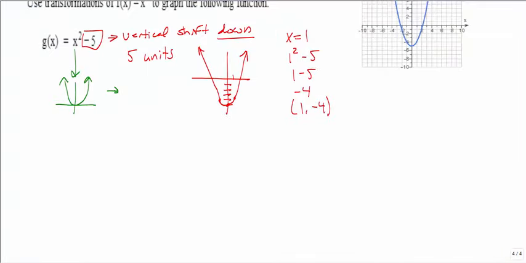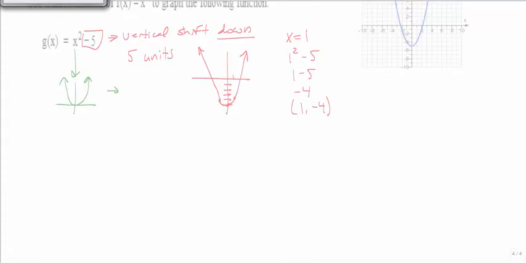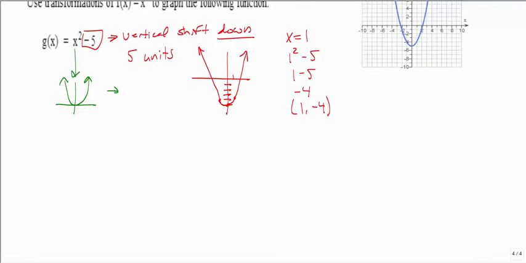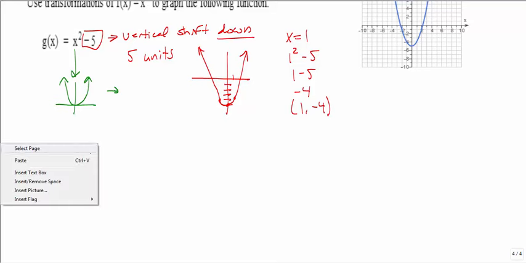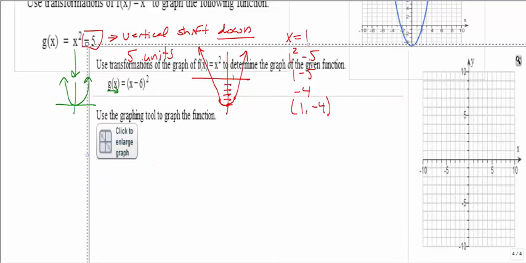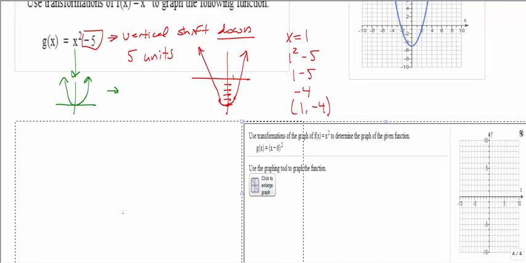For this next one, they want us to take our parent graph of f of x equals x squared, and graph g of x equals (x minus 6) quantity squared. When we look at this, we should be able to glance at it, decide what the transformation is, and then graph based on that transformation.